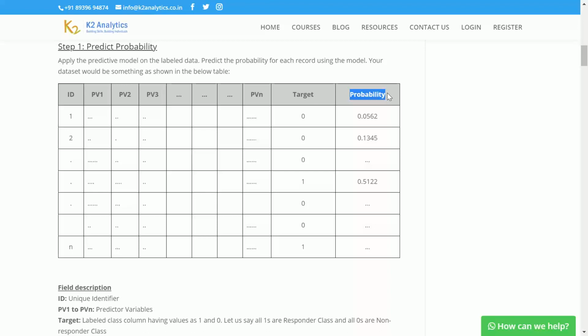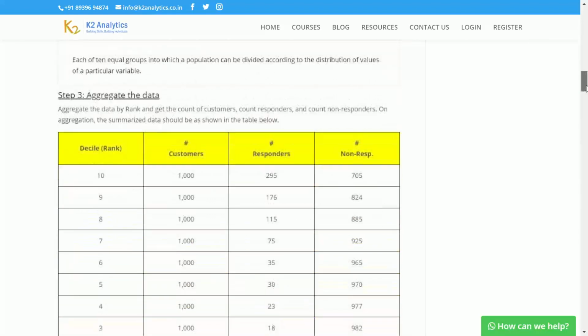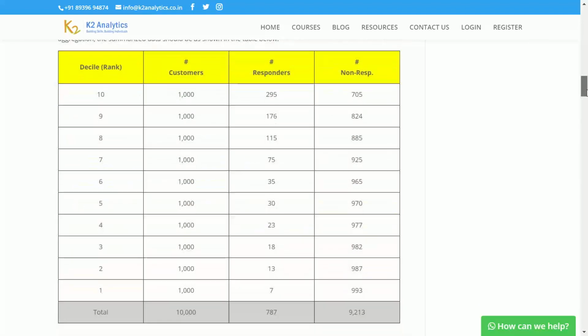Low probabilities, I have given lower rank numbers 1, 2, 3, and higher probability groups, I have given higher rank numbers, and aggregated the data. 10, 9, 8, 7. 10 is that segment of data where high probability has been assigned by the model. 1 is that segment of data where low probability has been assigned by the model.